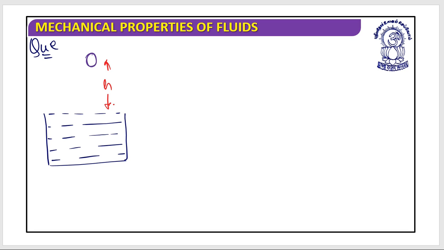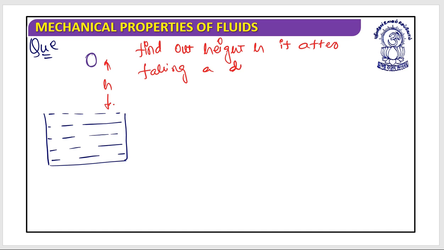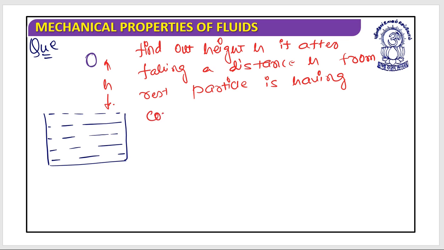So the question is, find out height h if, after falling a distance h from rest, the particle is having constant velocity.